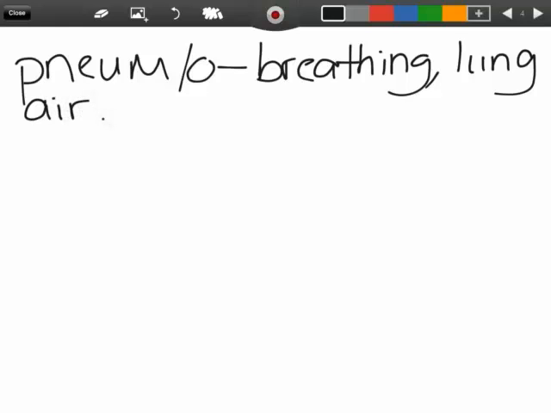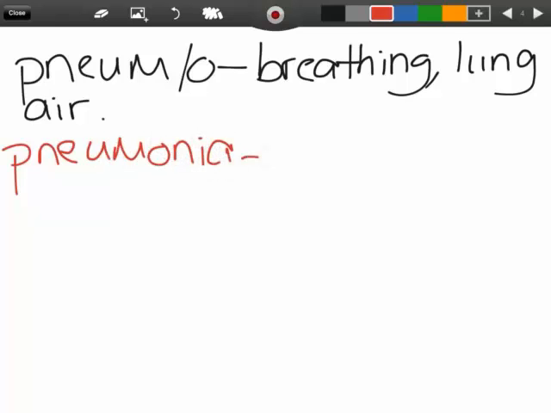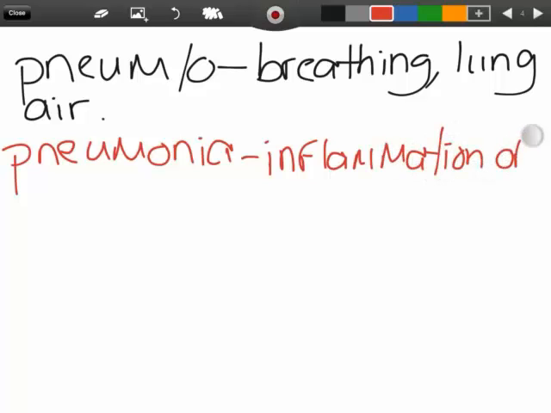I'm going to give you an example word, which is actually a disease, and it's pneumonia. I'm going to give you the definition, and that is inflammation of the lungs.